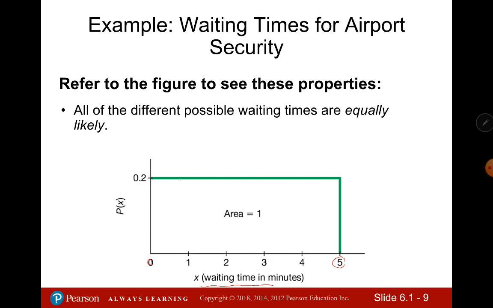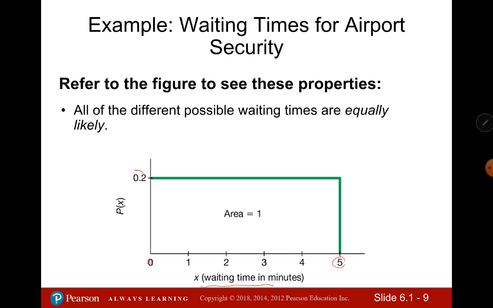And the probability should be the same for all the values from 0 to 5. So I will put a horizontal line here to represent that. We already know 0 to 5 is our horizontal line.